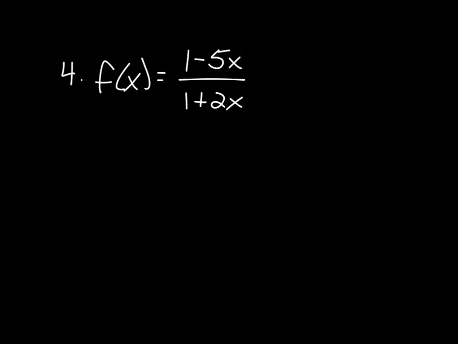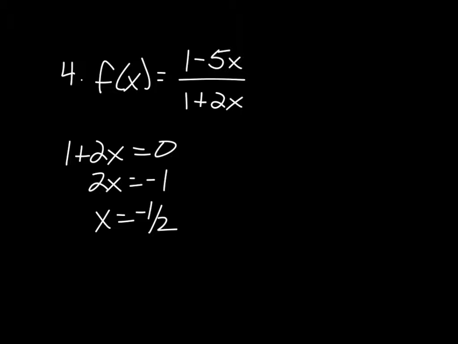Okay, so we'll run through 4 and 6 because they give you all the options for horizontal asymptote. But again, we're going to start with the domain, and we're going to set the denominator equal to 0 and solve. And so then our domain is all real numbers, but x is not allowed to be negative 1/2.